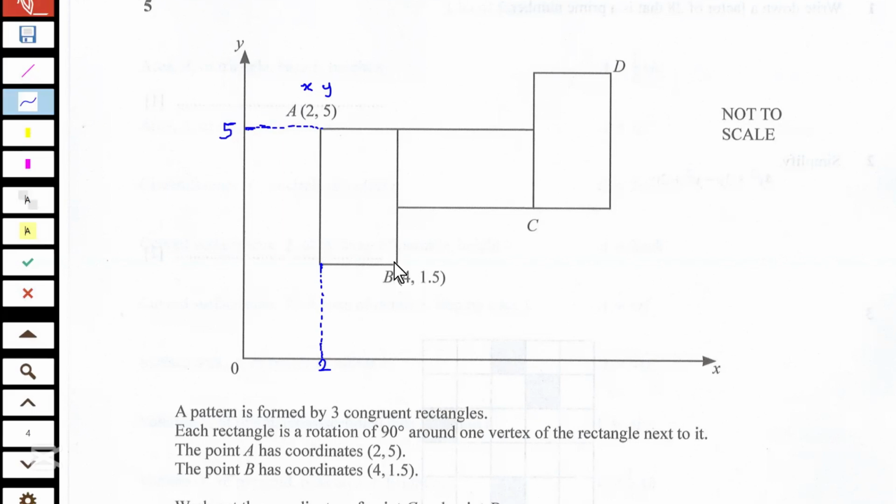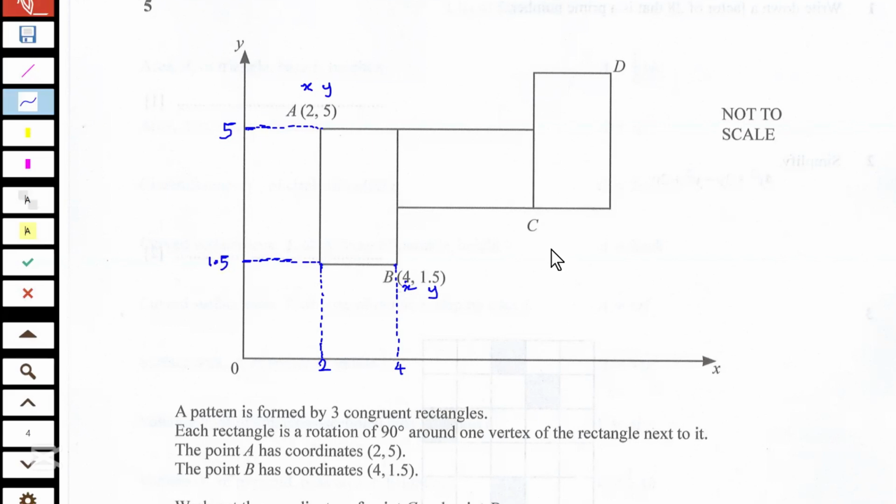Now, for point B, with the X and Y coordinate of 4 and 1.5, means on the X axis, we have 4, and on the Y axis, we have 1.5.